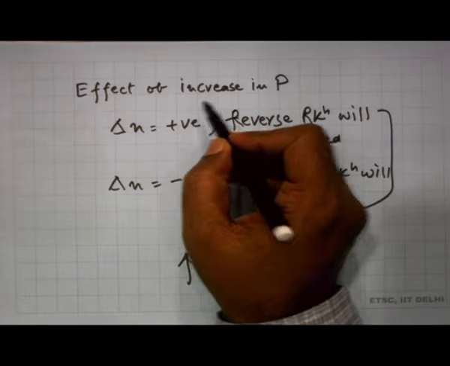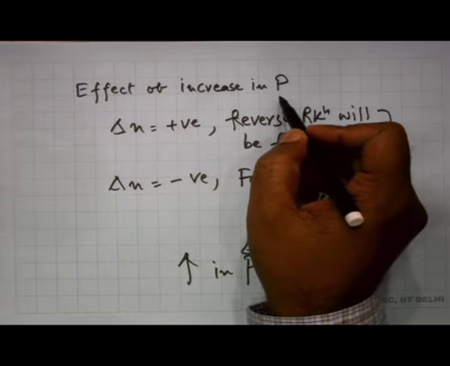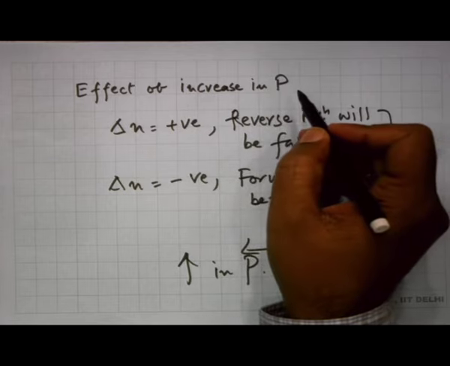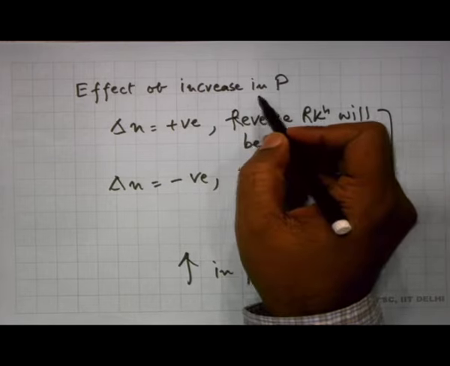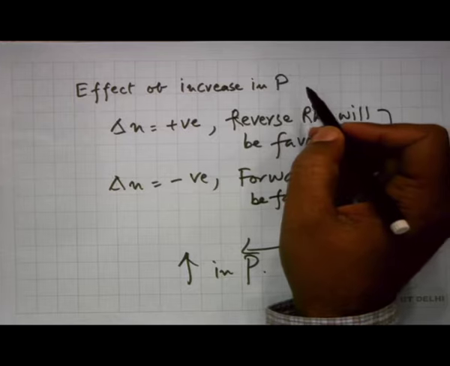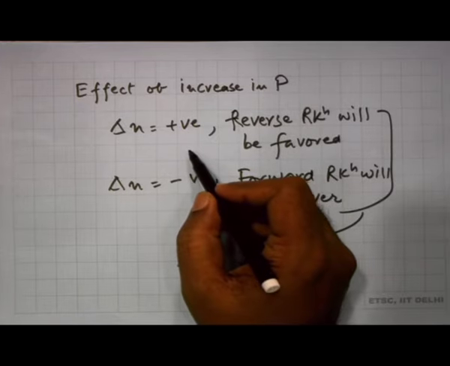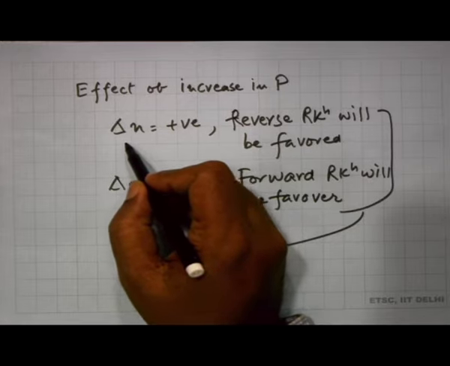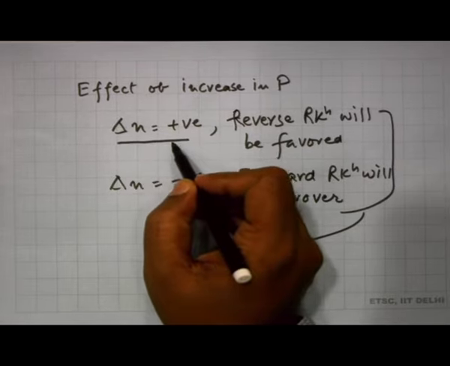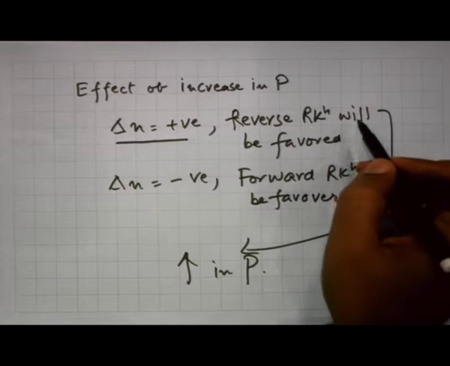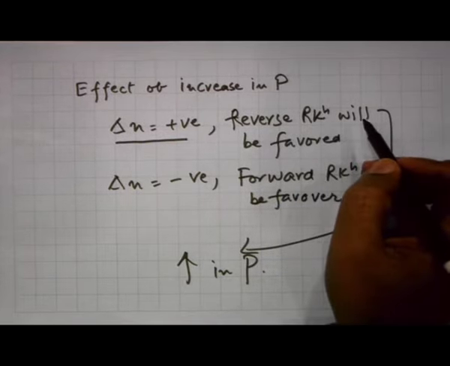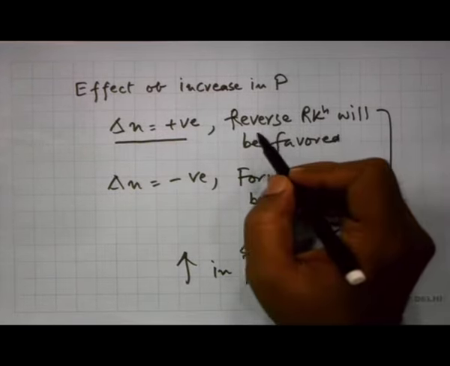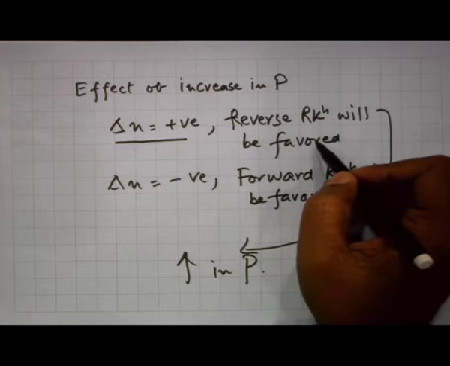Then we looked at the effect of an increase in pressure. Suppose I am increasing the pressure, which can be done by decreasing the volume. I showed you that if delta n is positive, the reaction will move in the reverse direction, or the reverse reaction will be favored.